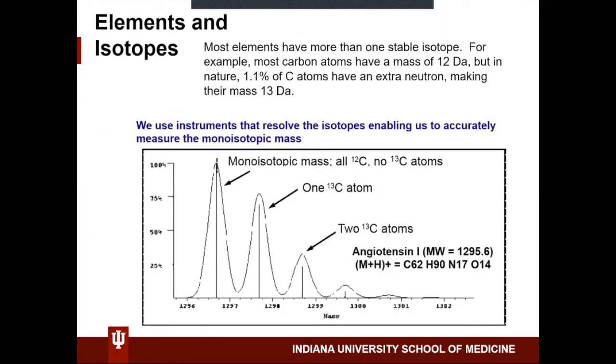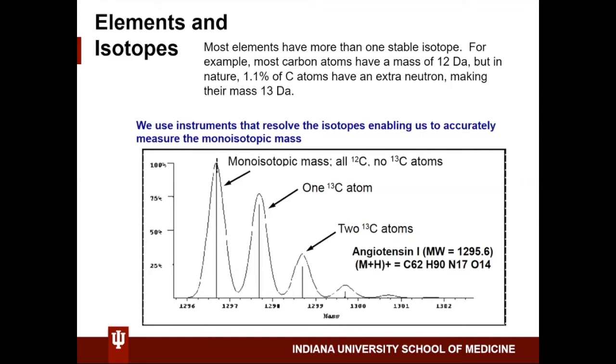Before we get into any further what a mass spec does, we need to talk about elements and isotopes. An element can be defined by its mass, and that's been known for ages. But one of the reasons that Aston won the Nobel Prize was for his identification of isotopes, which are elements which have the same number of protons and electrons, but a different number of neutrons, which changes their overall mass.